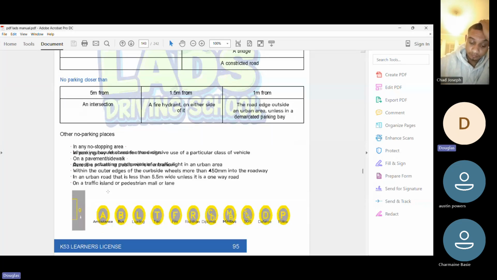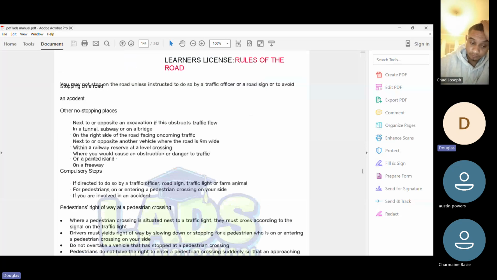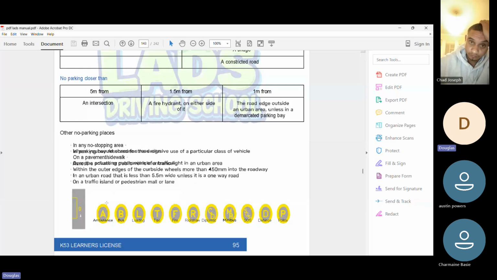Okay? And then again, remember what I mentioned: if an area is categorized for a specific vehicle to park there, you're not allowed to park there. Here are the examples. If you see this type of road marking, basically a line like this, and then it has an A, it means this area is for an ambulance.